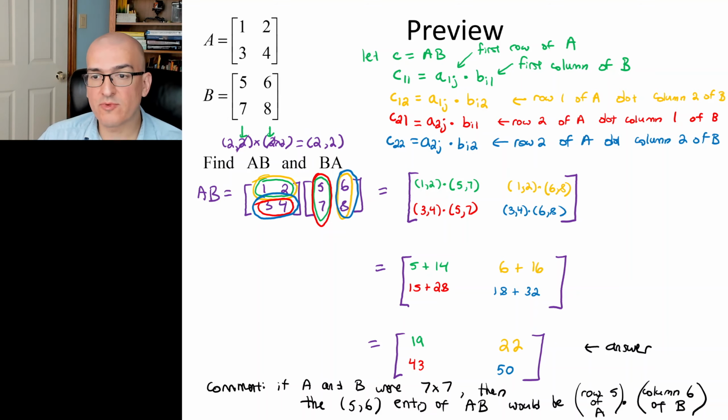You'd have a dot product between row 5 of the first matrix in that multiplication, dotted with the column number 6 of the second matrix. We'll break here and go to another video.